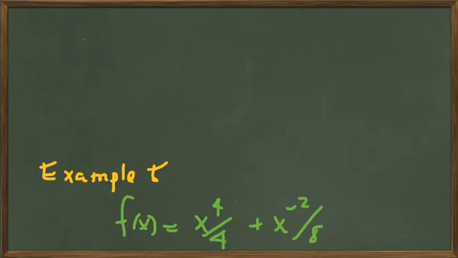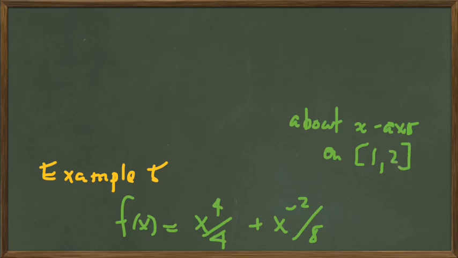So in this example 5, we are revolving this function, f of x equals x to the 4th over 4 plus x to the minus 2 over 8, the same function we had before back in example 2 of this section. And so we're going to be able to use some of the information we already have. We're revolving this about the x-axis on the interval 1 to 2.